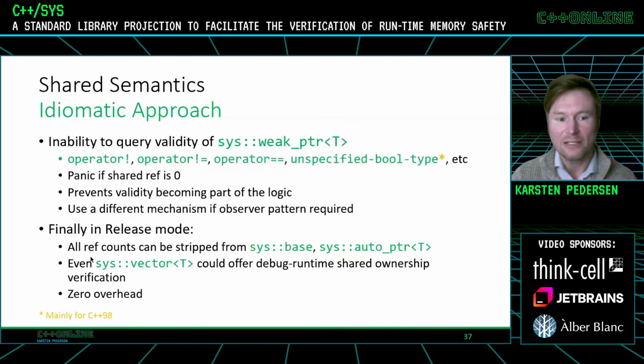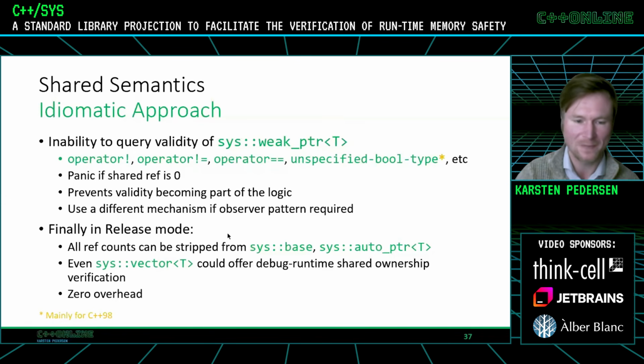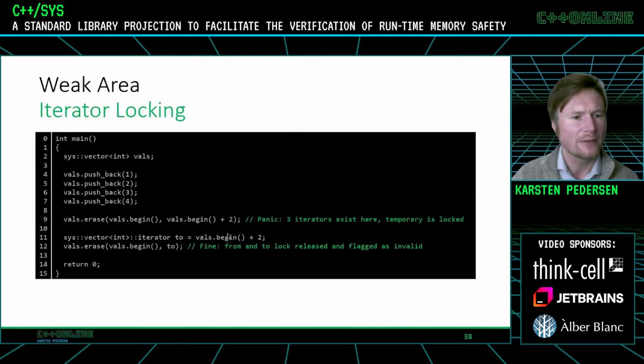And this has the benefit that even a sys vector could offer this kind of shared ownership verification. Most importantly, zero overhead. I explained that really badly, but anyway, let's carry on.